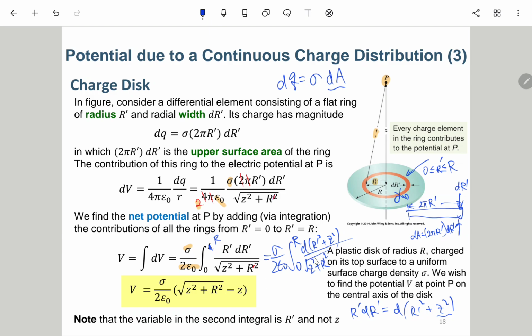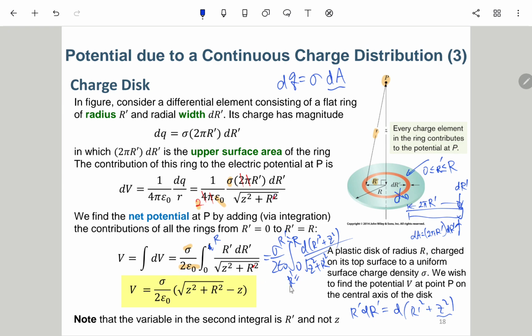So the integration of it will become this stuff to the 1/2 power, which is the square root of this thing, and then evaluate from 0 to R. Of course, which means R prime to be 0, R prime to be capital R. So if R prime is capital R, it becomes Z squared plus R squared, and then take the square root, which becomes the first term.